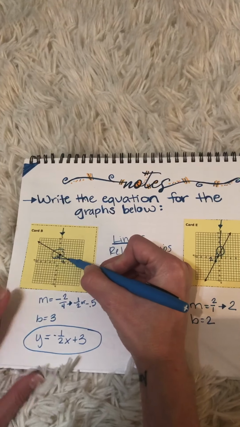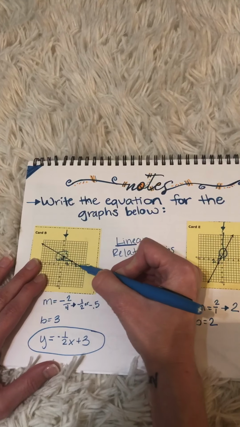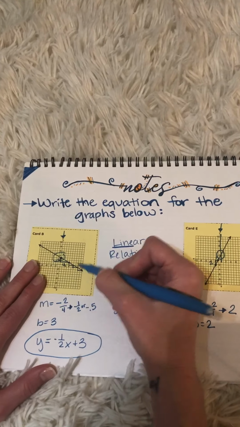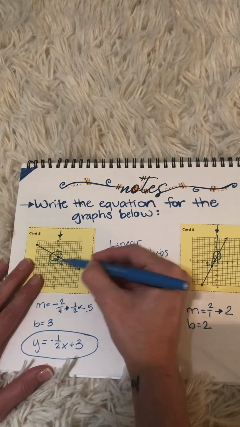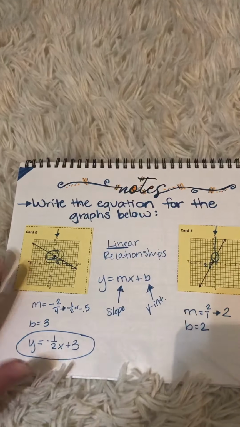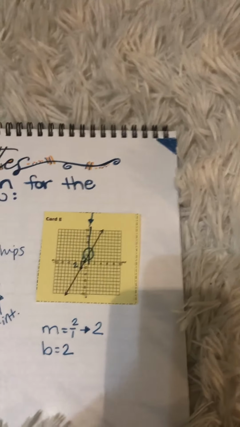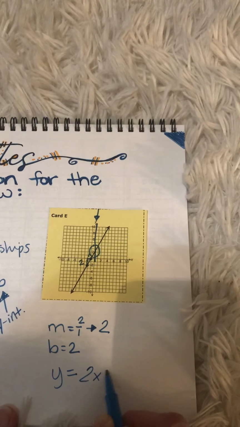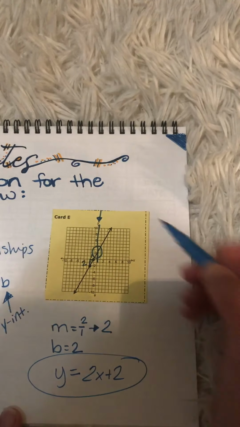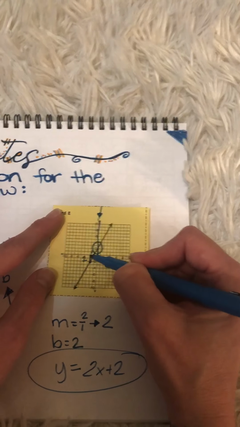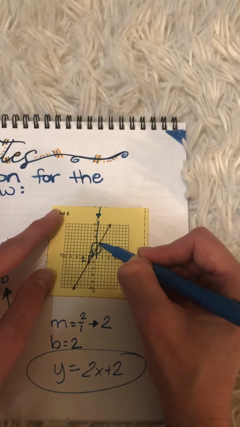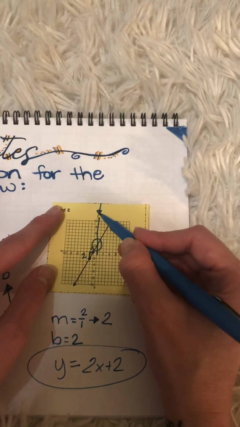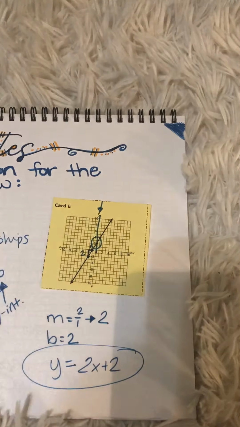It's going down 1 over 2, down 1 over 2, negative 1 over 2, and then it crosses at 3. On the second graph, my equation is going to be y equals 2x plus 2. My slope is positive. It goes up 2 over 1, up 2 over 1, and then it crosses the y-axis at 2.